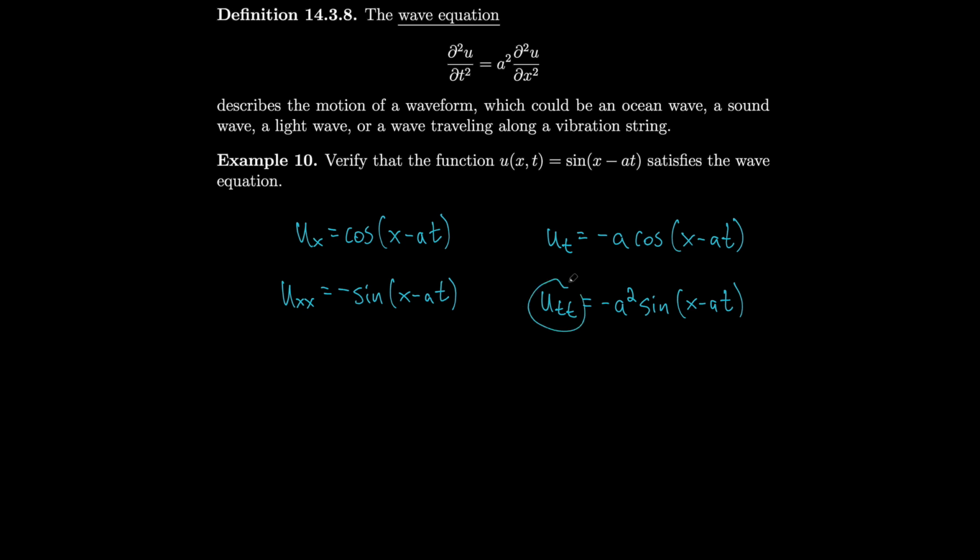Okay, so this is utt, which is equal to a squared times minus sine of x minus at, which is a squared times uxx. So this equation is satisfied, just using a little bit different notation. So we verified that this function does satisfy the wave equation.